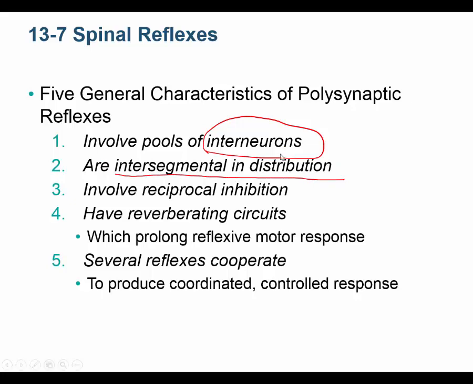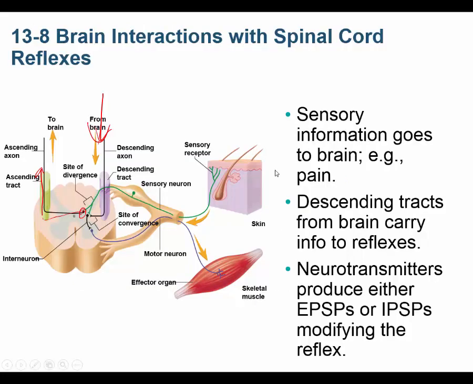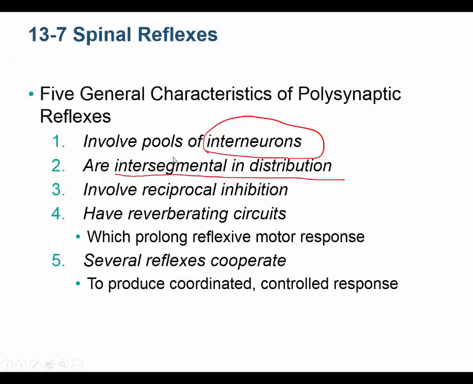Intersegmental in distribution means that these interneurons, like this interneuron right here, can go up or down the spinal cord before innervating that motor neuron. Of course, this interneuron is going up the spinal cord because it's going to the brain. So these polysynaptic reflexes are usually intersegmental, but they don't have to be.